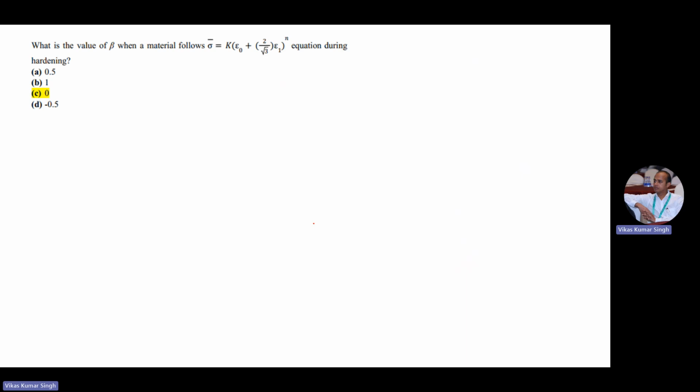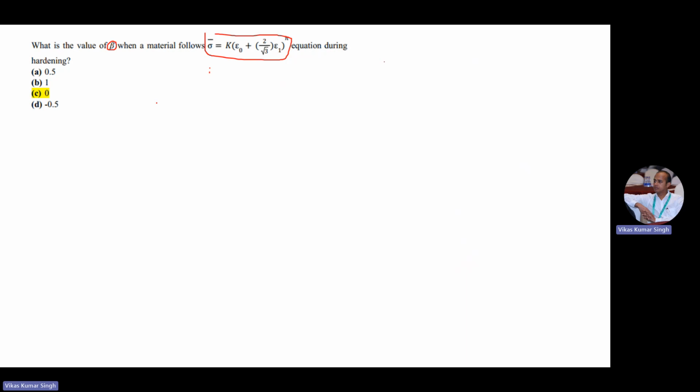Going to the next question. Now, in the next question, it asks what is the value of beta when a material follows this power rule. In this equation, what is happening to the beta value?